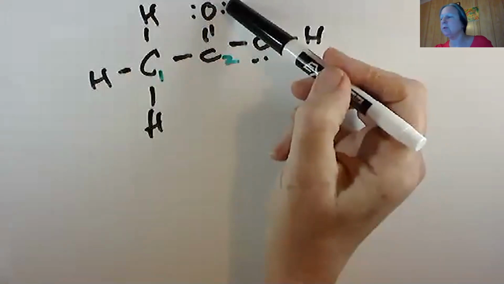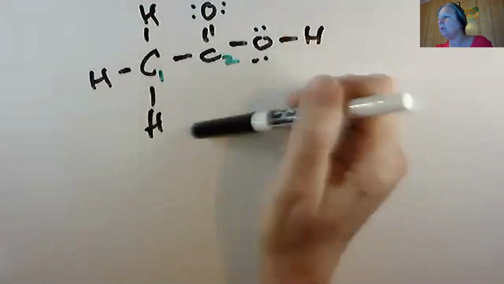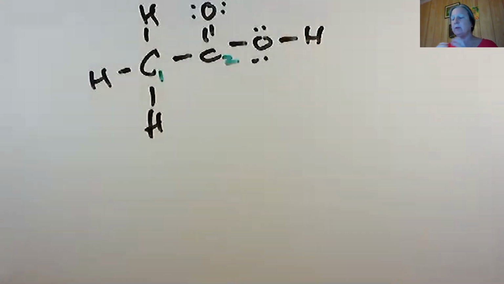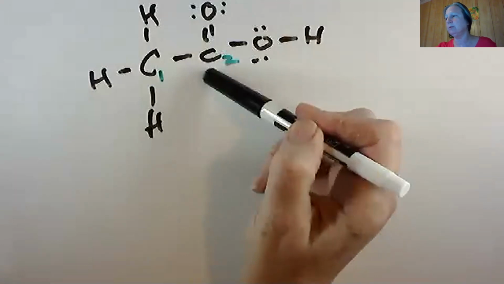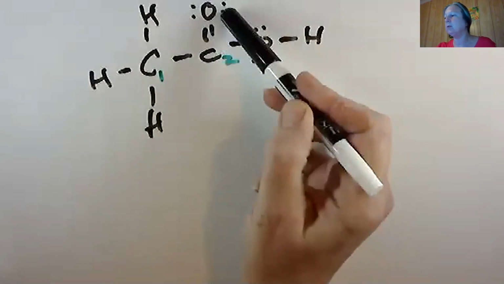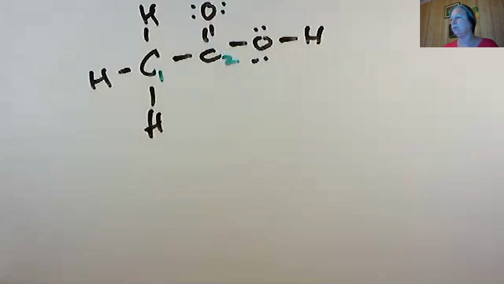This oxygen does not have a second connected atom to it. You have to have at least 2 atoms connected to be a center. This doesn't. It has 1 connection. So we don't do an AXE for that.